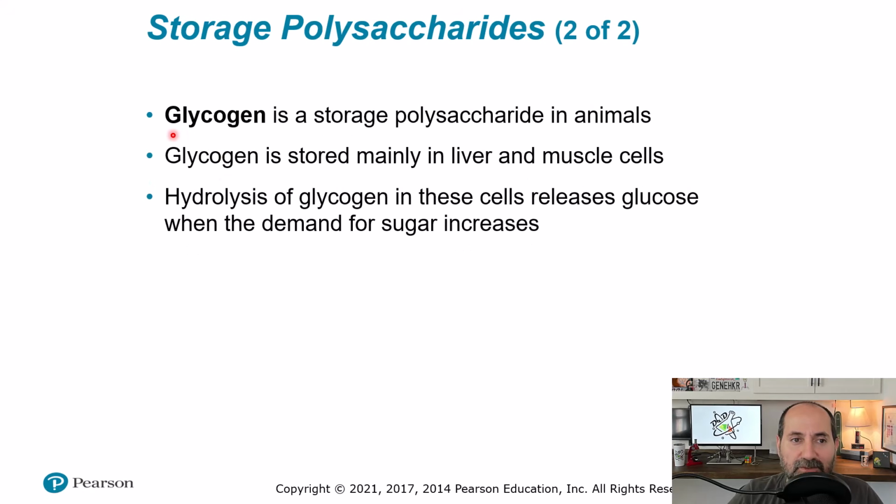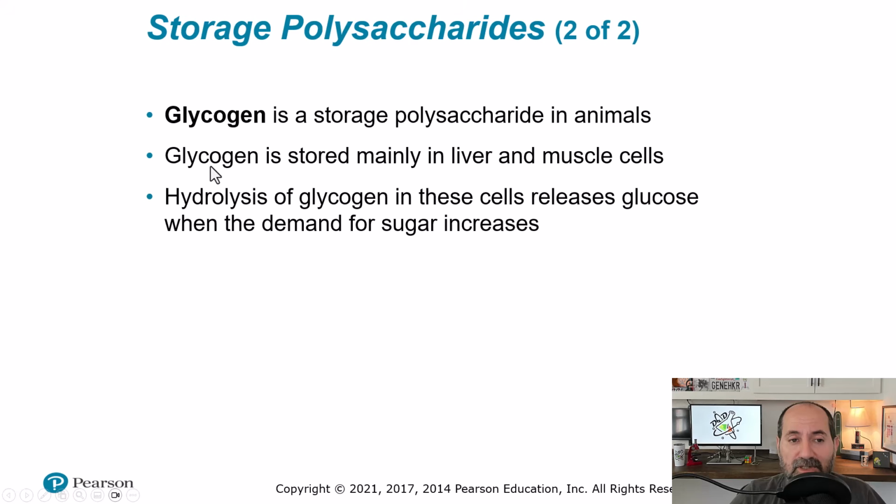Now, in animals, we also string monosaccharides of glucose together as well, but we don't make starch. Instead, when we string glucose together, we make glycogen. Glycogen is a polysaccharide in animals. And again, we also make this structure for energy reasons, to store that sugar energy.